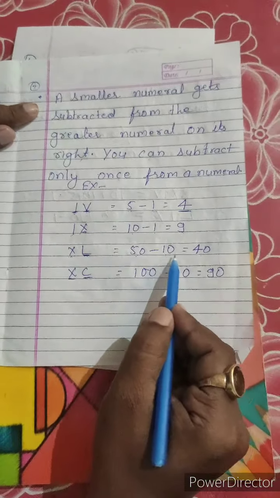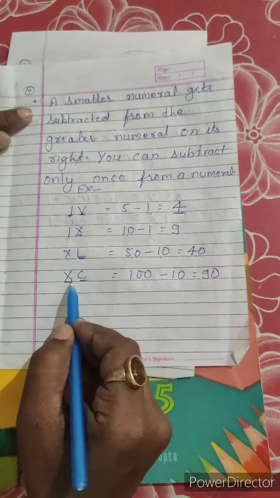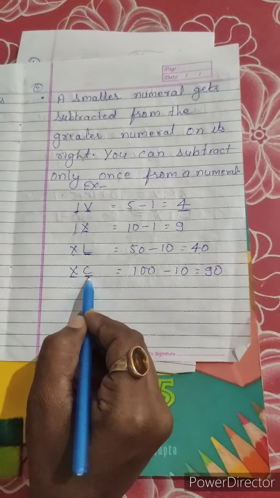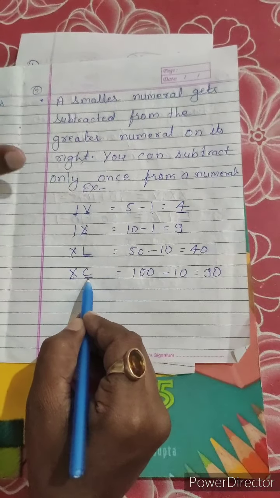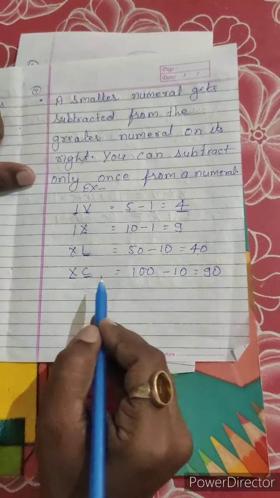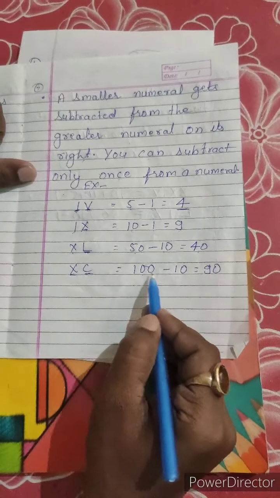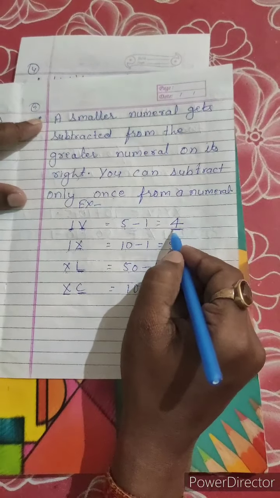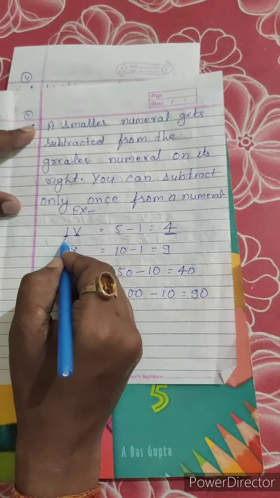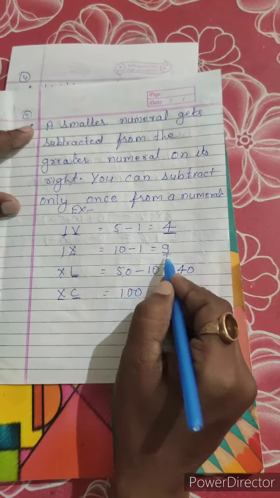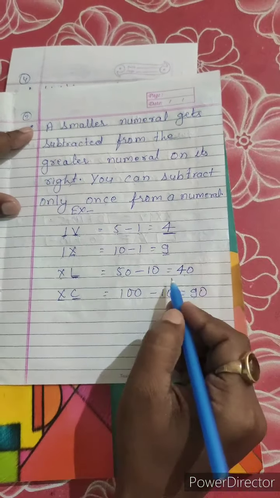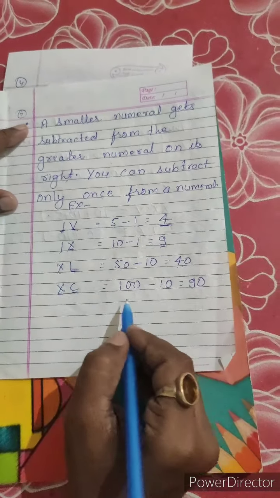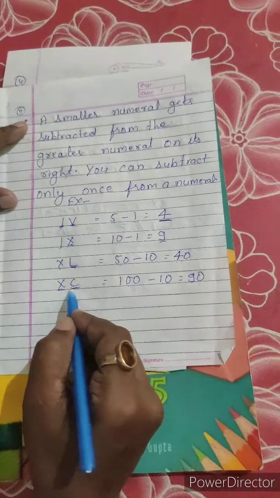Now 50 minus 10 is 40. XC: again, the X is written before the C, so it gets subtracted. 100 minus 10 is 90. So look, the Roman numeral for 4 is IV, for 9 is IX, for 40 is XL, and for 90 is XC.